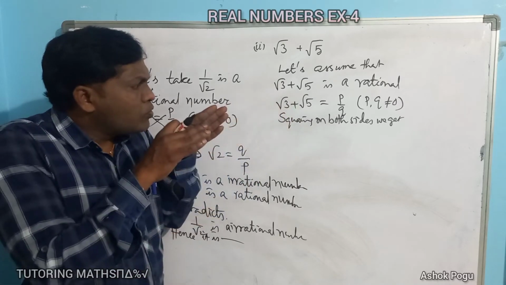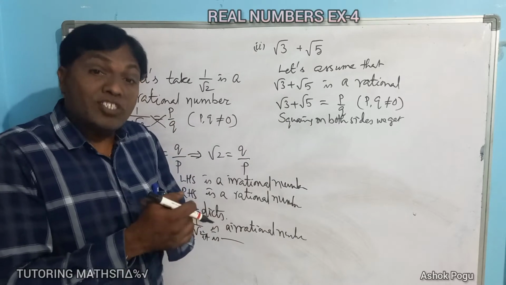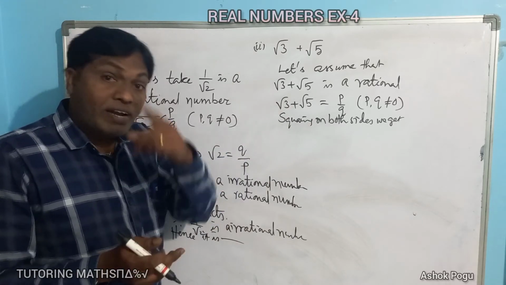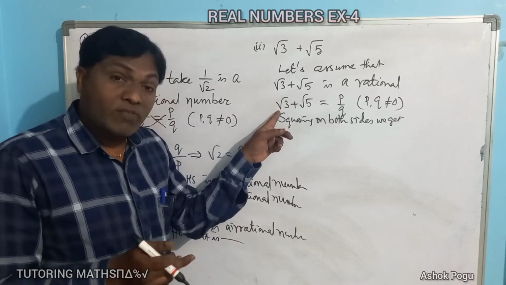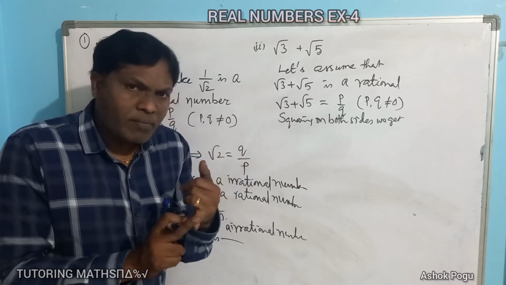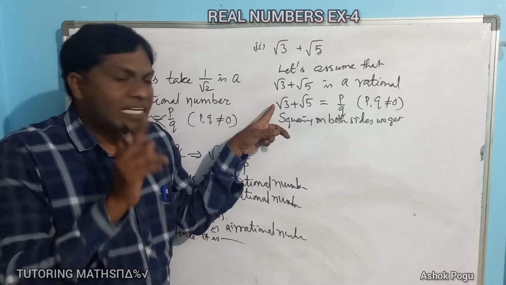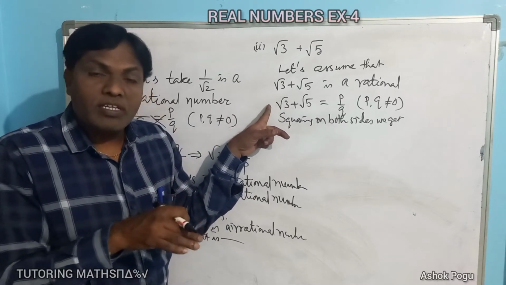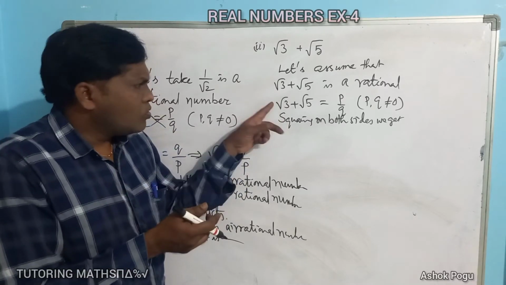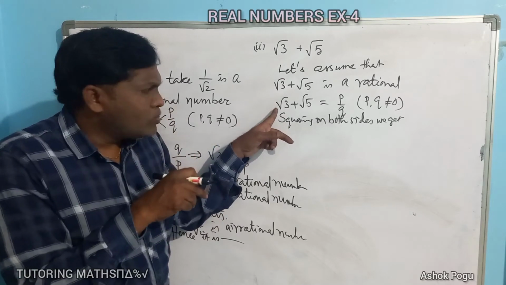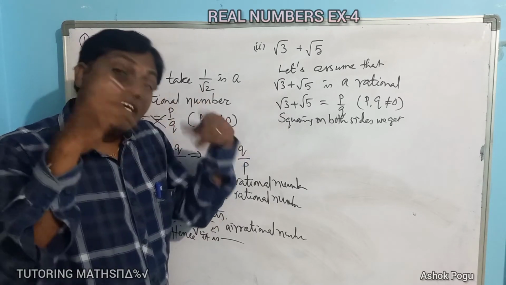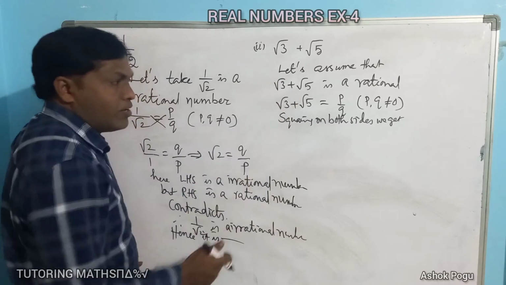So we have to convert root 3 and root 5 into rational form. When is it possible to convert into rational form? If it doesn't have a square root, then it becomes rational. So how do you remove this square root? By taking squares. That's why we are doing it.